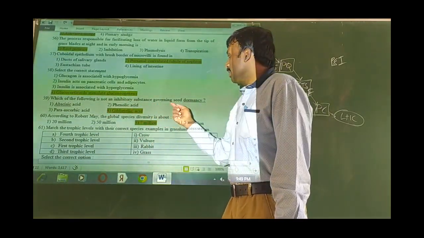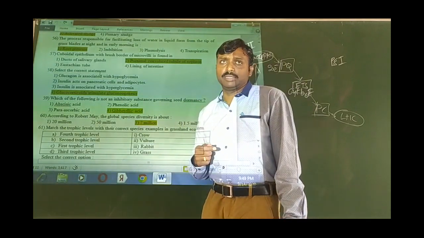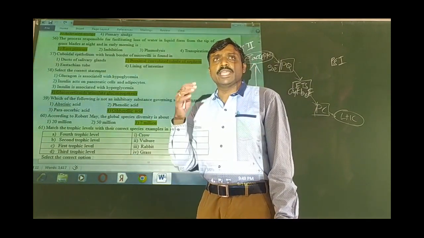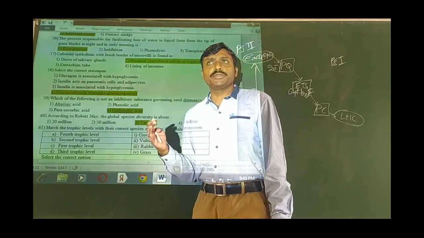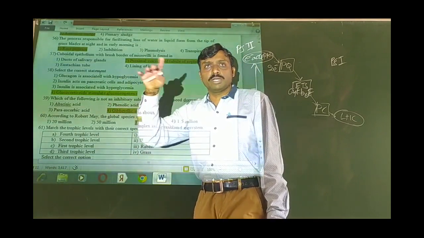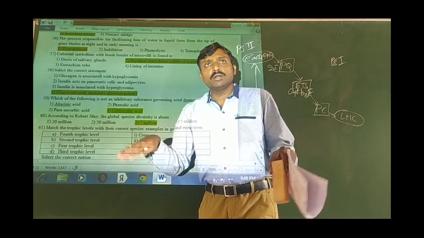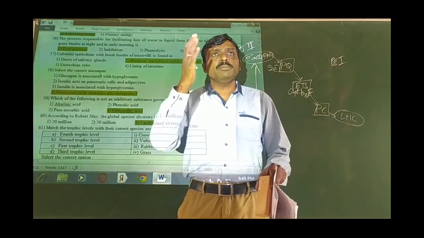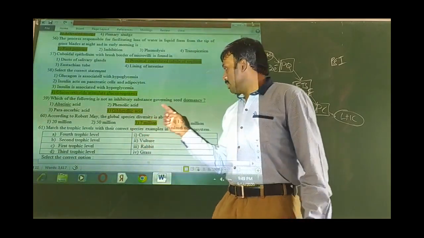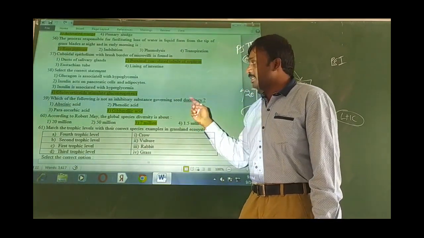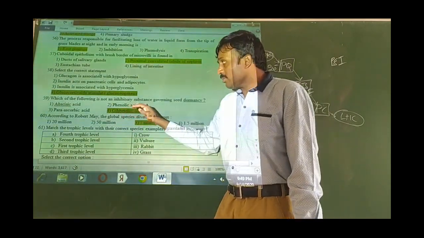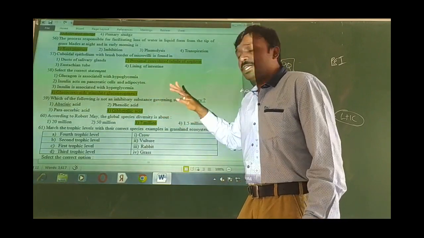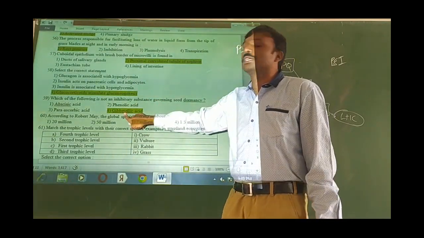Then 59. Inhibitory substance governing seed dormancy. So what is seed dormancy? The inactive phase of a seed due to unfavorable surroundings. When the environment is unfavorable, the seed will become inactive. That inactive stage is called seed dormancy. Which substance can govern that seed dormancy? Gibberellic acid.